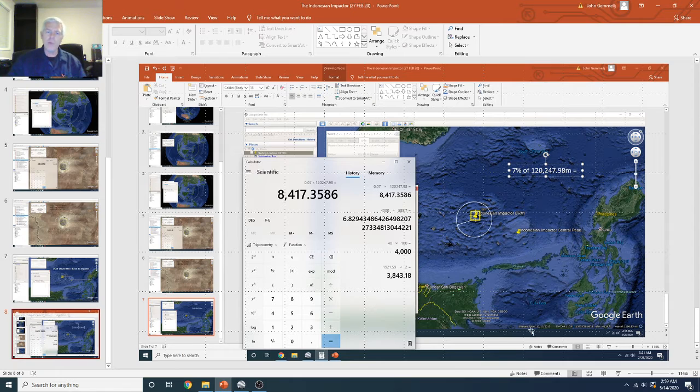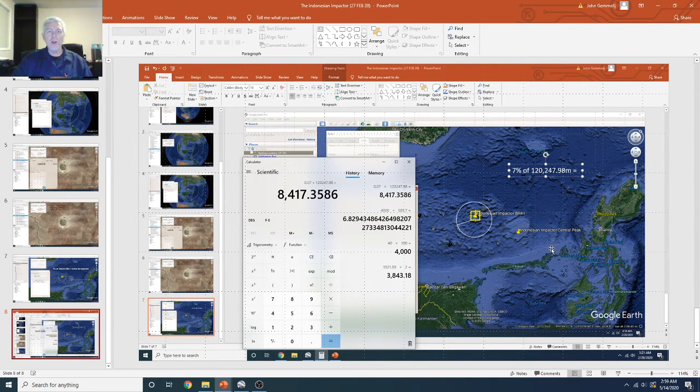You notice with my mouse, if you follow it right here in the calculator, it's 8,417. So that's basically 8.4 kilometers. That's an established minimum of the possibility of the diameter of the impactor when it struck. And I'm going to describe how I go into details on figuring that out. I don't just pull that kind of information out of my butt. I actually try to use some scientific data to help.